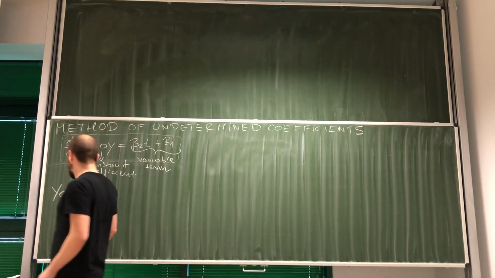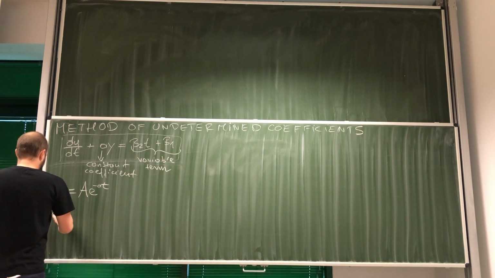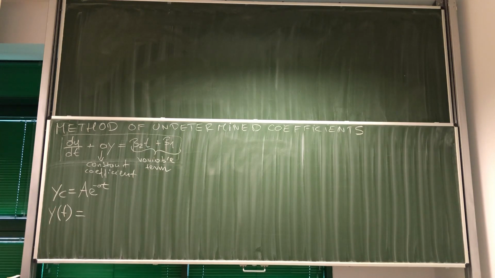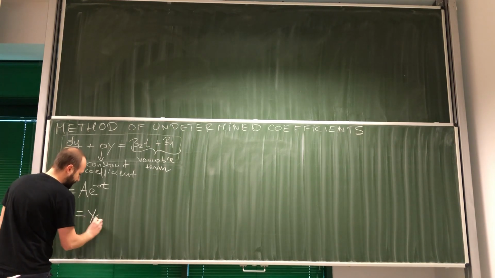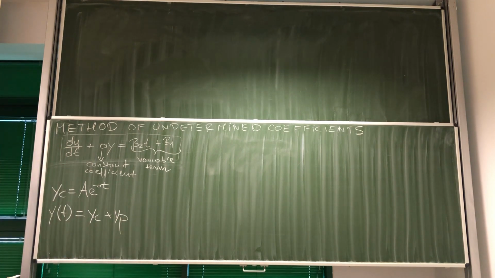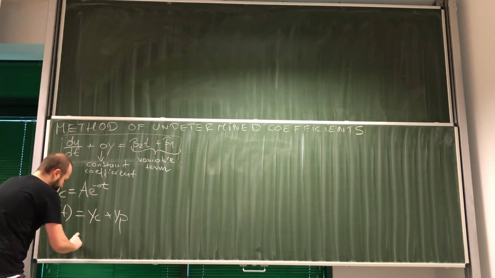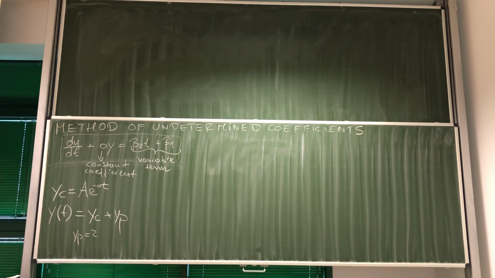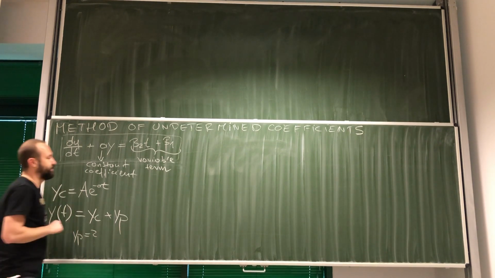But of course, we remember that y_t, the time path of y, is composed of the complementary function and the particular integral. And the particular integral, in this case, is something that we cannot solve in such an easy way.